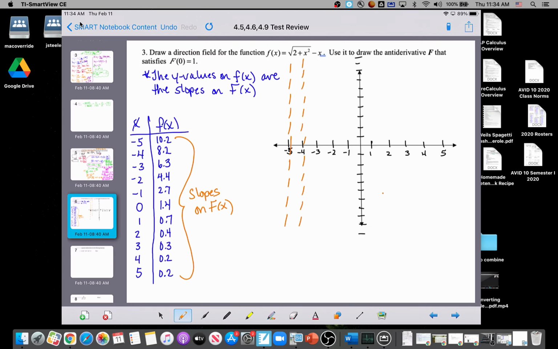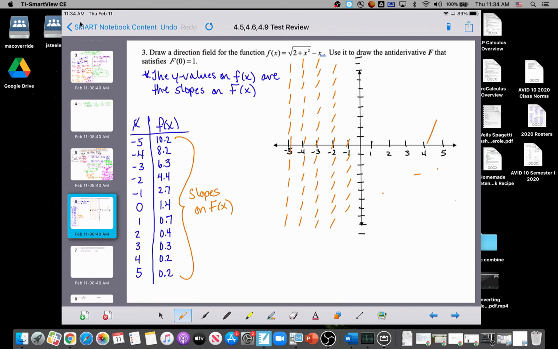And then I'm at 6.3. This is very approximate, but I'm just trying to get less and less steep as I go. And then 4. And then 2.7, which is about 3, so again slightly less.